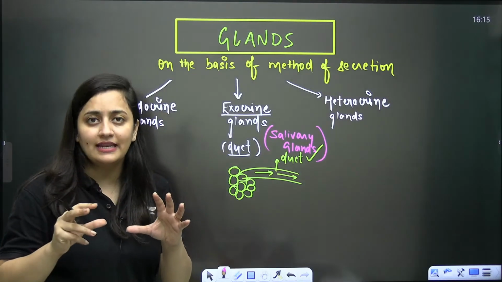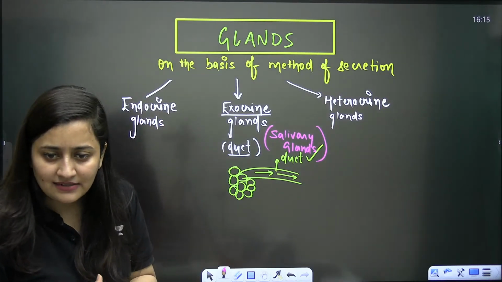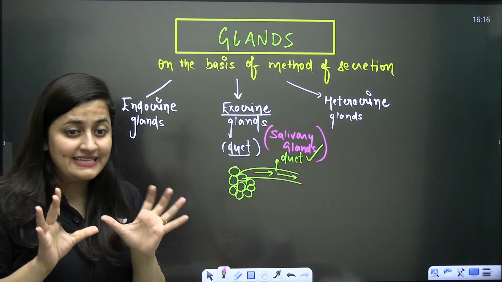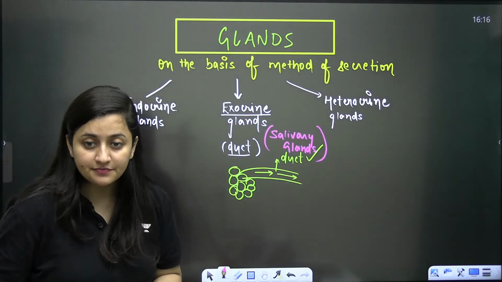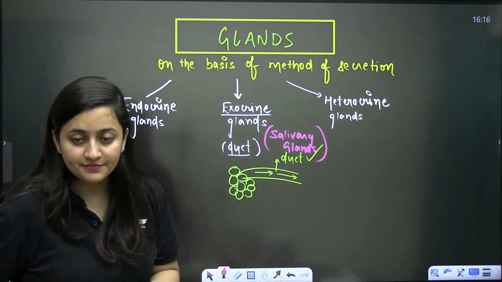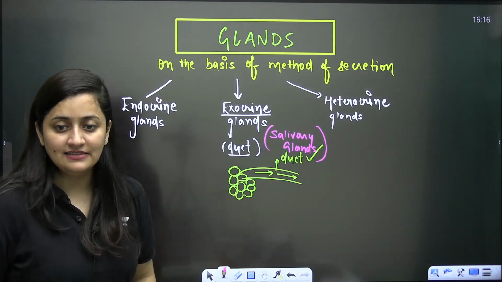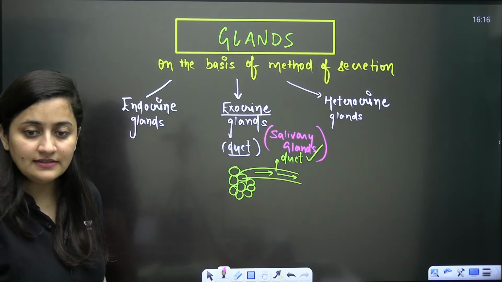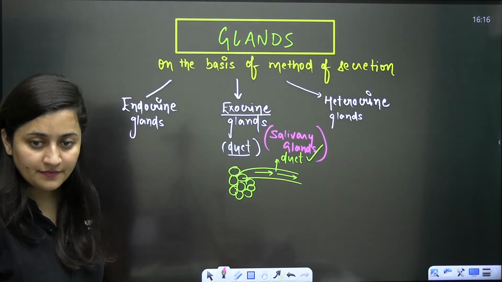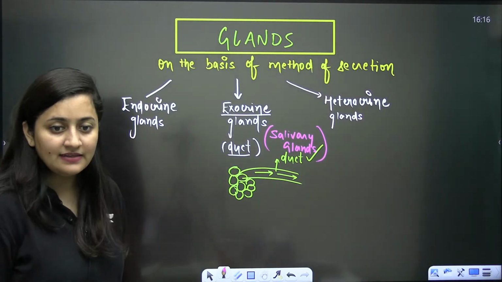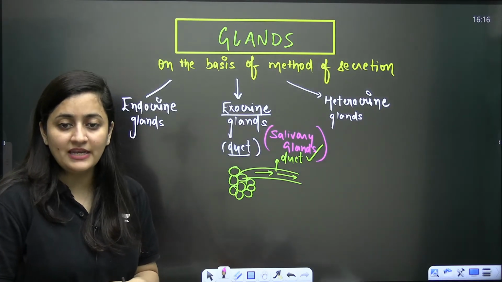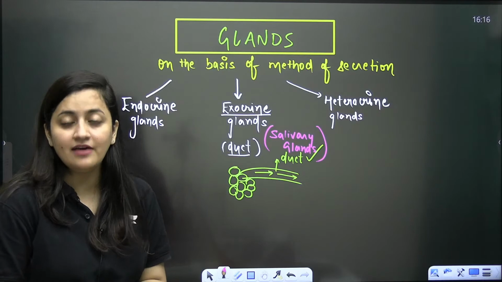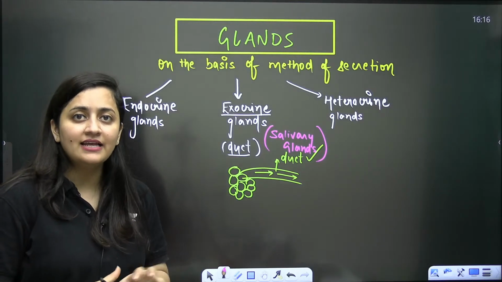They are exocrine glands. Can you name the salivary glands? Tell me quickly in the chat section. We have three salivary glands, na?